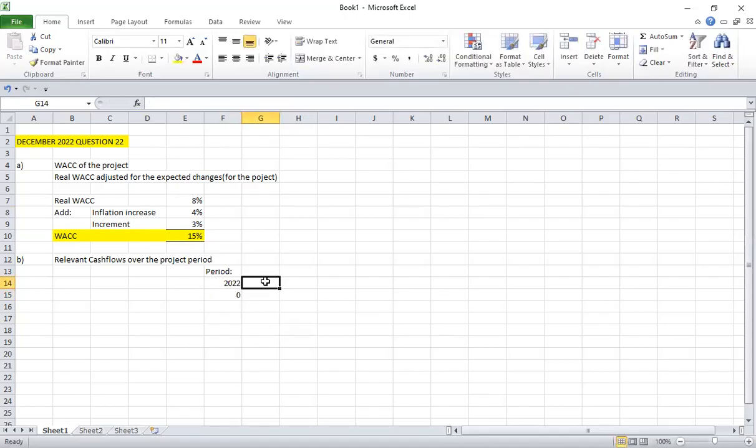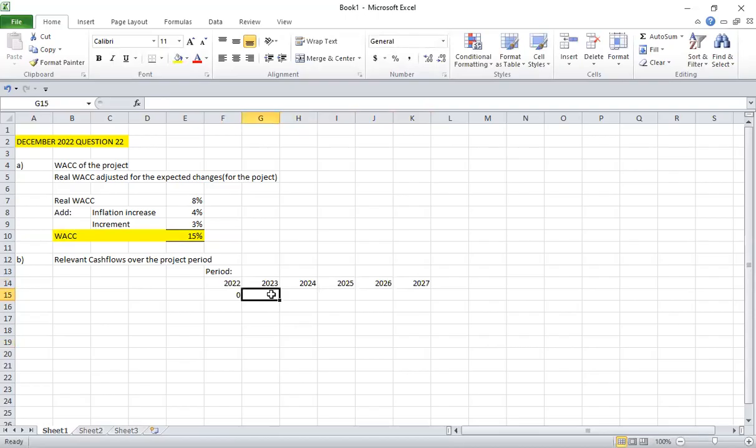Then we have 2023, 2024, 2025, 2026, and of course the last one will be 2027.